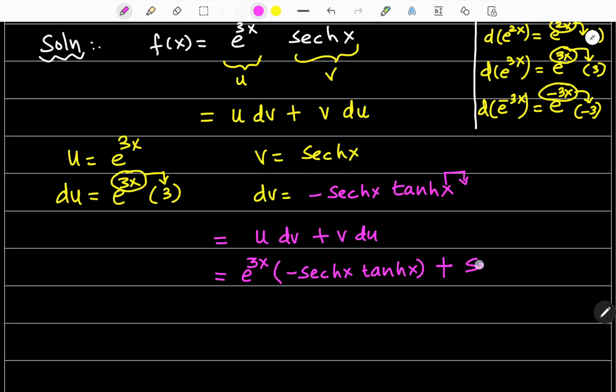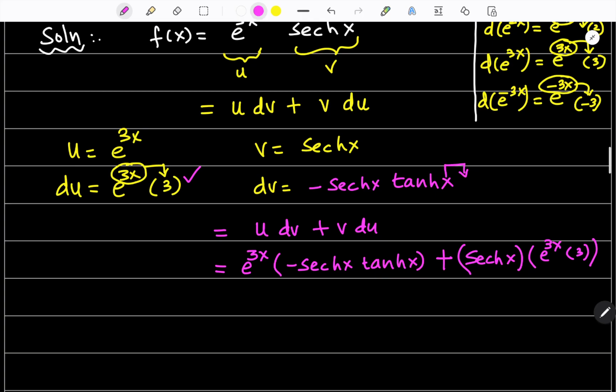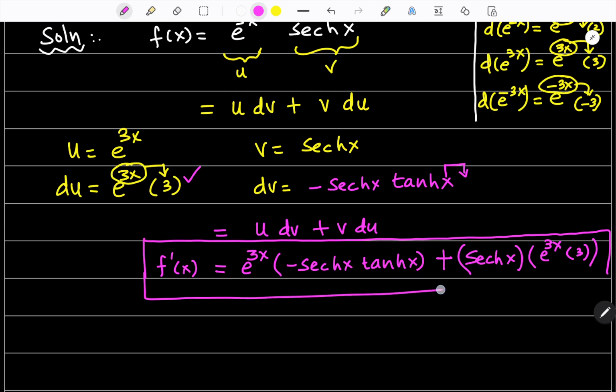Your v is secant hyperbolic x. What is your du? The du is e power 3x times 3. So this is going to become your answer. This is f dash of x. Is it clear? Yes, so this is your f dash of x.